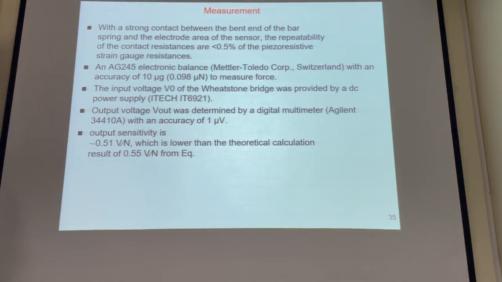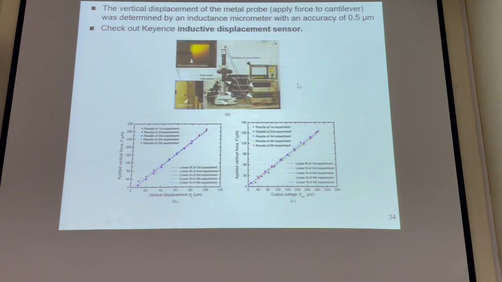With a strong contact between the bend end of the beam, spring and electric... the area of the sensor, the variability of the contact resistance is smaller than 0.5% of the piezoresistance. Okay, good. Thank you.